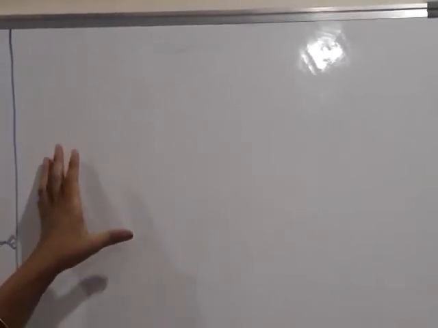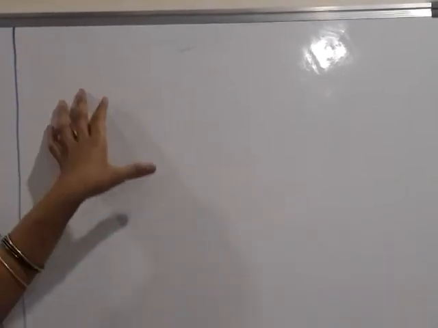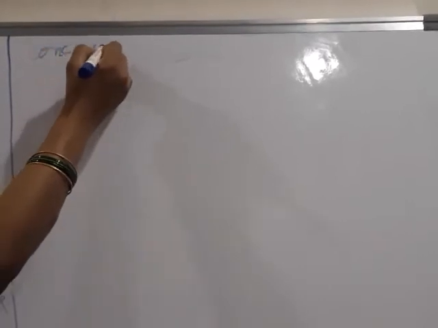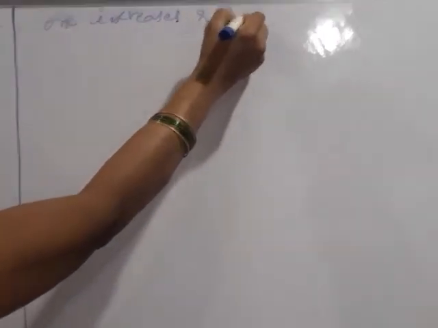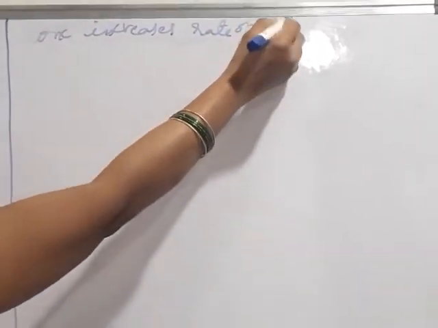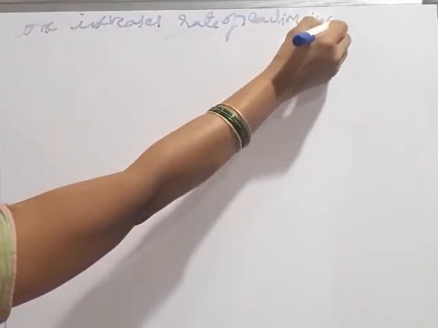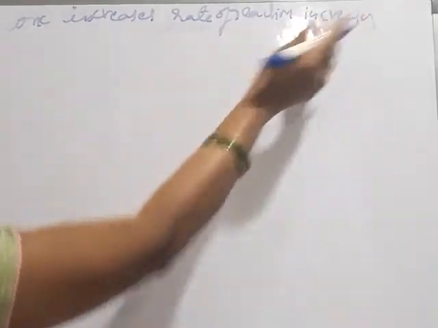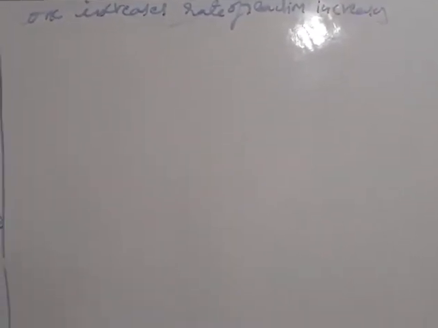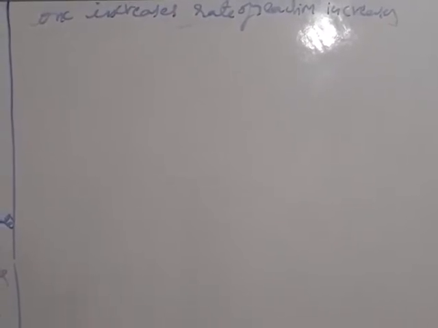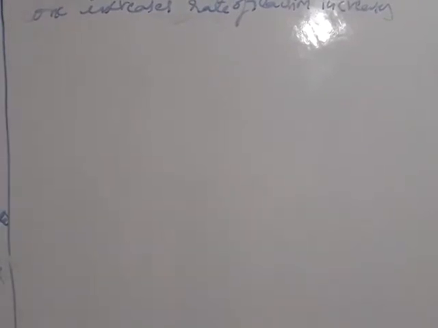So as concentration increases, rate of reaction also increases. Okay. If reactants are gases, gaseous substances are there, rate of reaction is directly proportional to partial pressure of the gases.